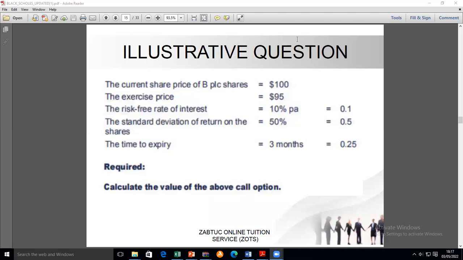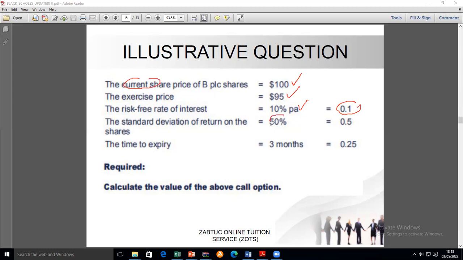Simple question. The current share price, the PA, is 100 of this particular company. That's the current share price. So that's your PA. The exercise price is 95. The risk-free rate is 10%, in decimal 0.1.